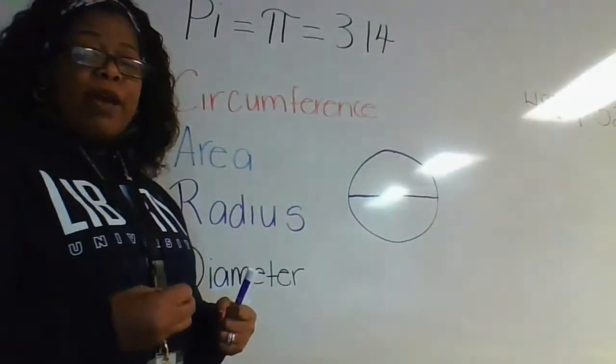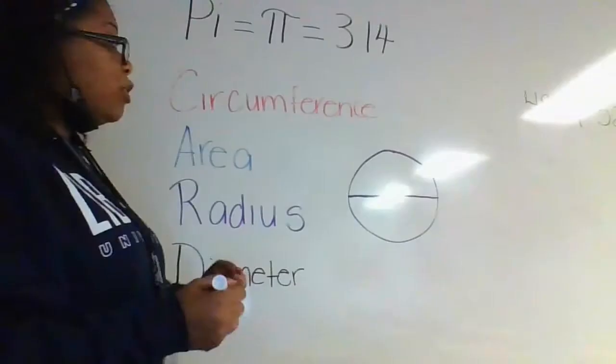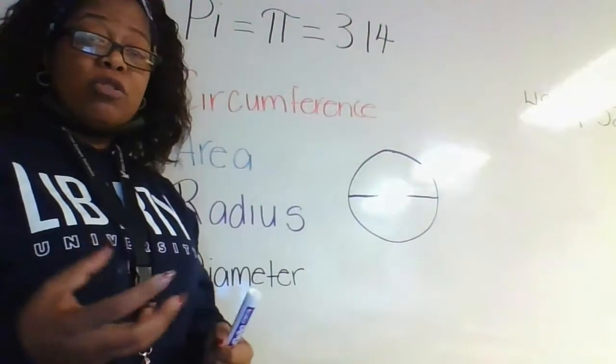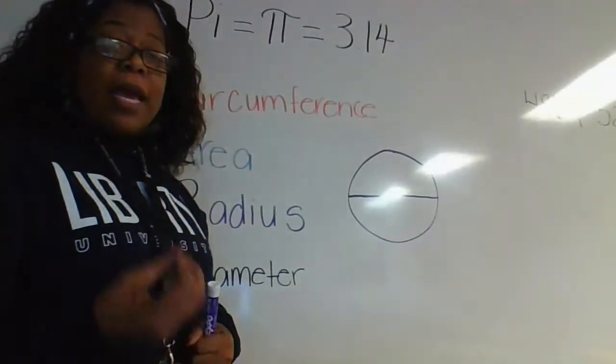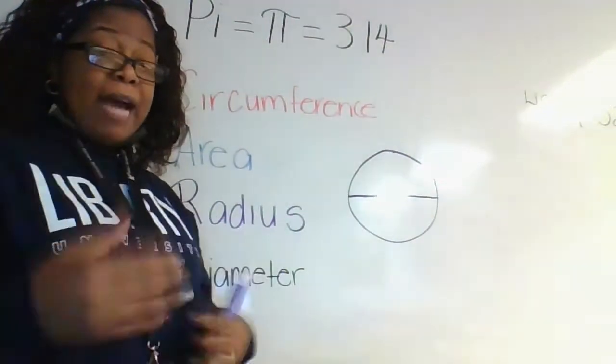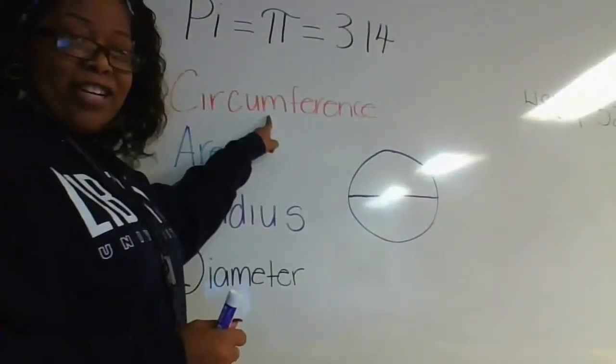And then we know that we actually have the measurement of the outside of the circle, because what we learned is that circles do not have sides. And because they don't have sides, when we measure the outside of the circle, we do not find the perimeter, but instead we find the circumference, right?